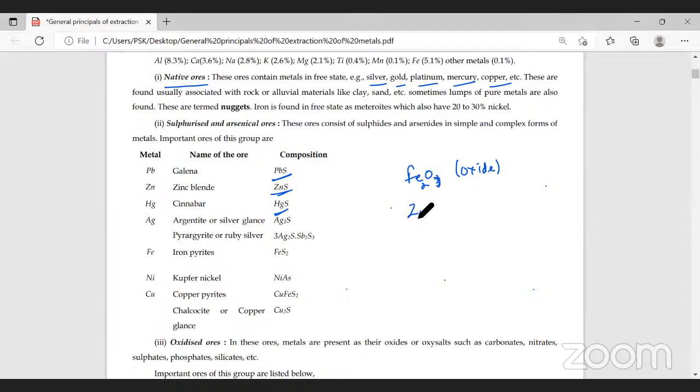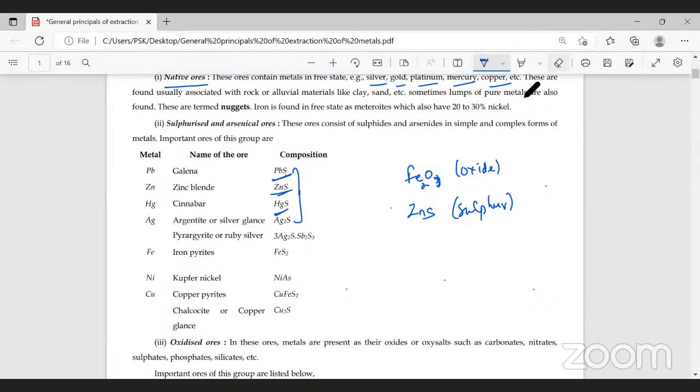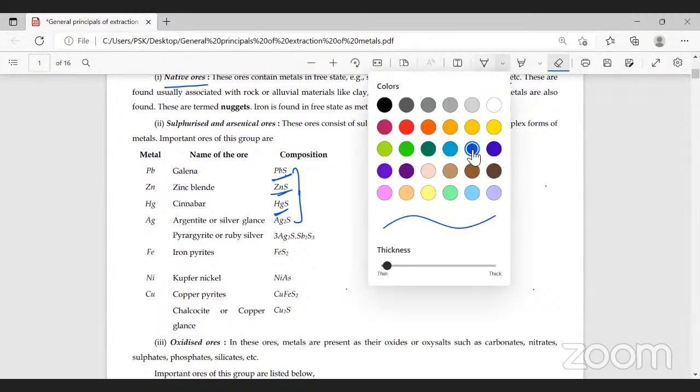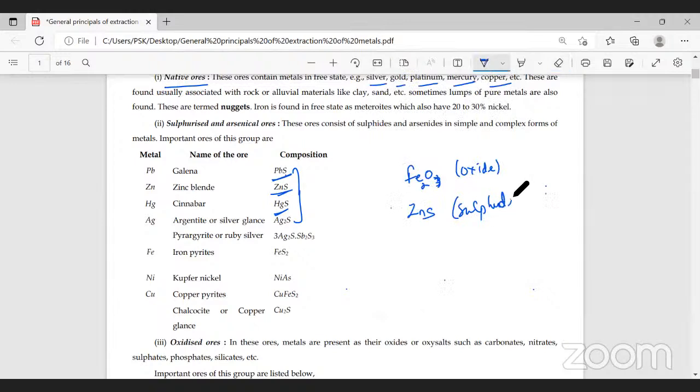Now, zinc blende, galena, and mercury sulfide are all combined with sulfur. Therefore, they can exist as sulfide ore. They exist as sulfide ore.